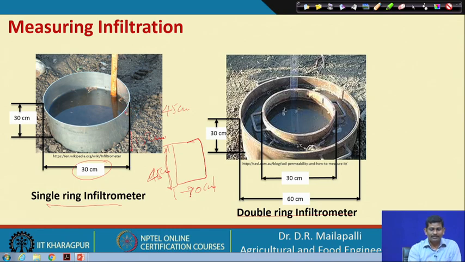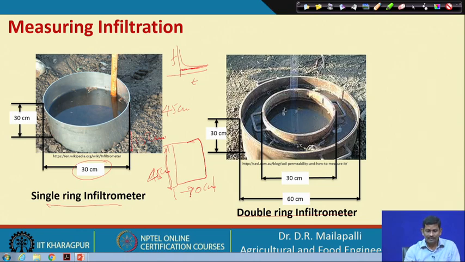We have to stop the experiment when the fall is constant for a particular time, that is, the rate is constant. If you remember the infiltration graphs, we stop this experiment when the rate of infiltration becomes constant. That is the way.